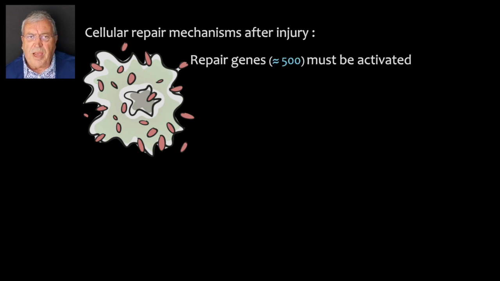How do the cells repair after injury? We need to activate the repair genes in the cells. We have almost 500 genes specifically, exclusively dedicated to the reparation.